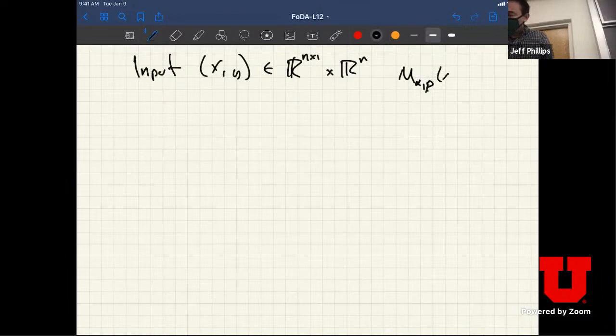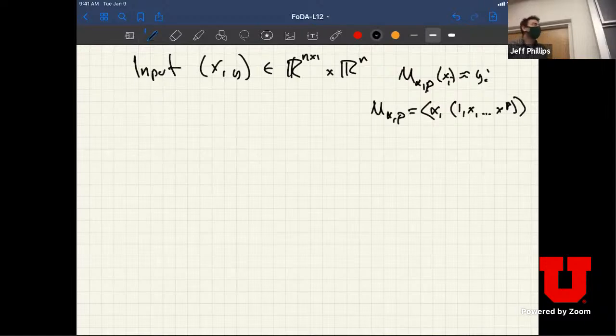Alpha_p of x_i I want to be approximately y_i, and alpha_p is going to be of the form alpha of 1, x, up to x to the power p.